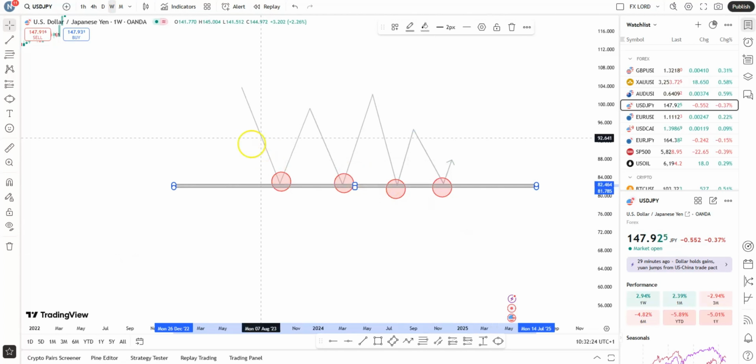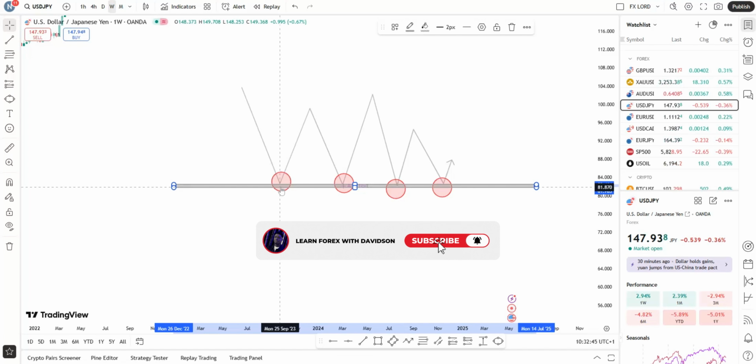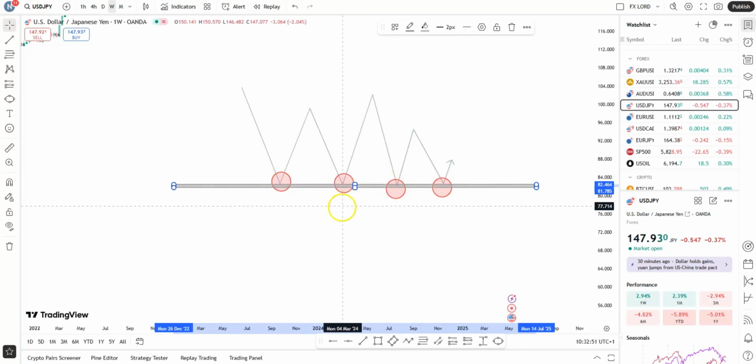Easy peasy. Take this as a floor. When the ball hits the floor, it bounces back up, so that floor is acting as a support level, preventing the ball from going further downward.